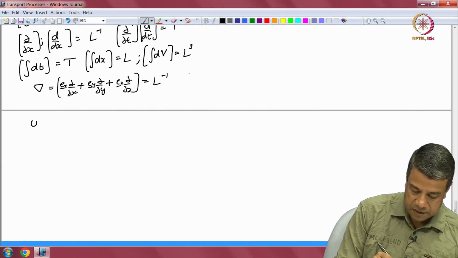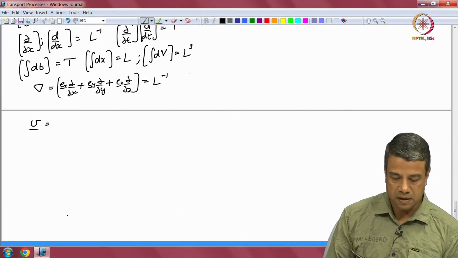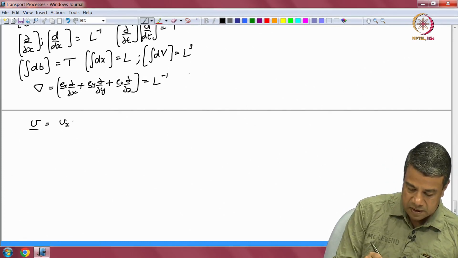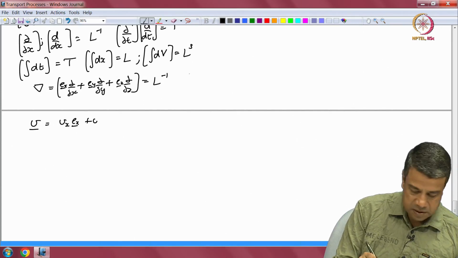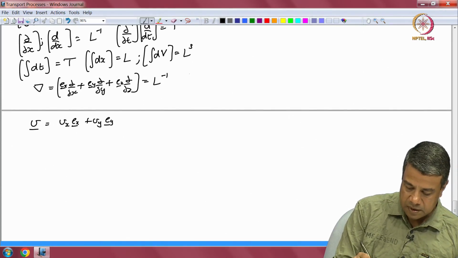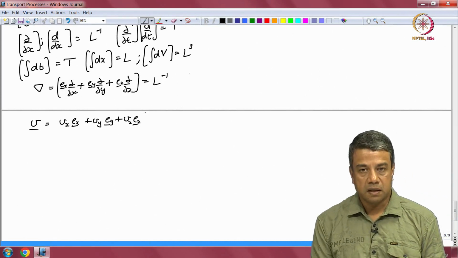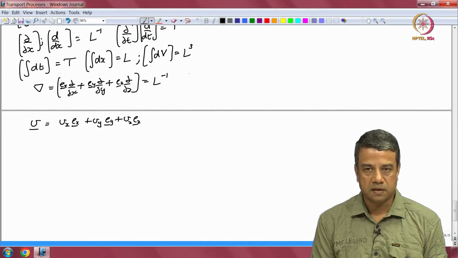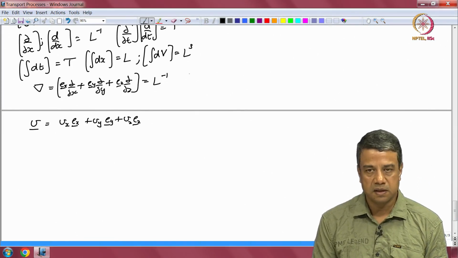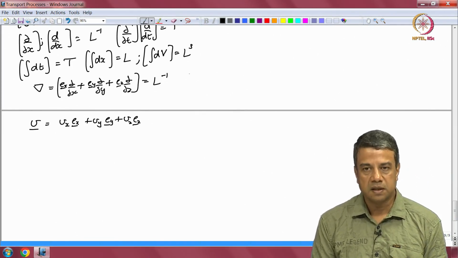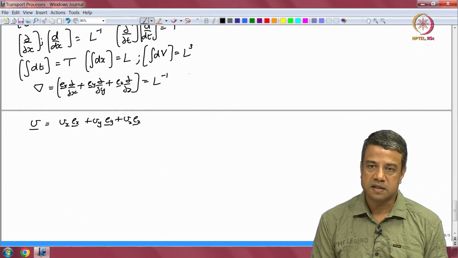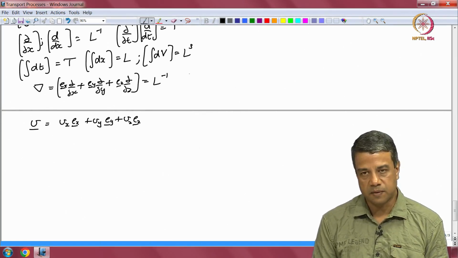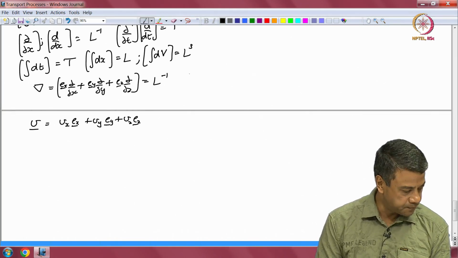For example, the velocity vector, which I will write with an underline, is Vx Ex plus Vy Ey plus Vz Ez. The components have dimensions, the unit vectors are dimensionless. All unit vectors are dimensionless. The dimension of the component is the same as the dimension of the vector, because the unit vectors are dimensionless.